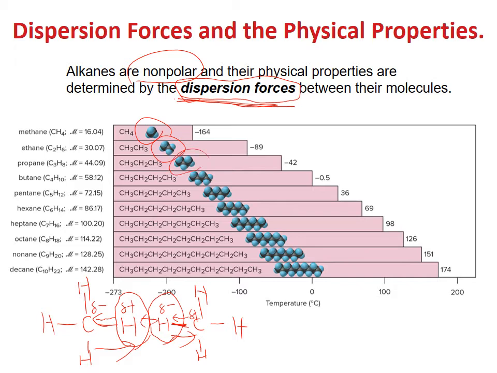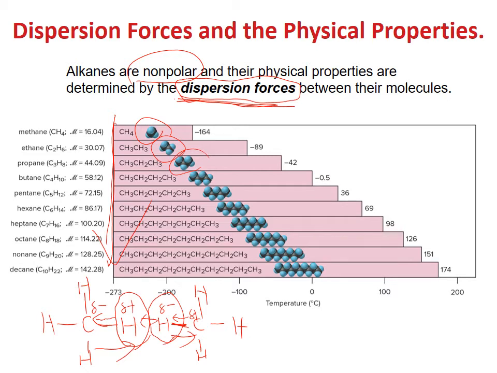Propane has an even higher dispersion force. So when you increase the number of carbons, the dispersion force increases. In order to evaporate the molecules, you need energy to break the dispersion force, and therefore you need a higher temperature. So the boiling point increases when the number of carbons increases.